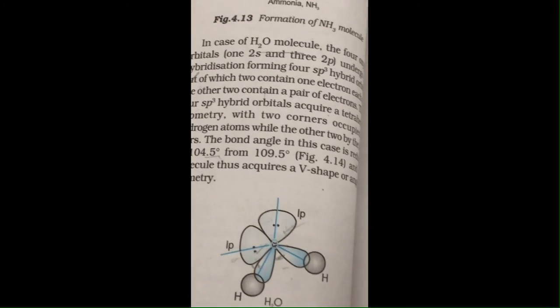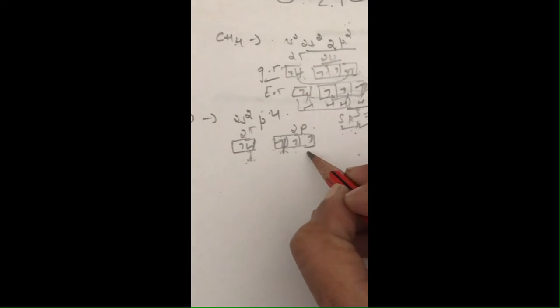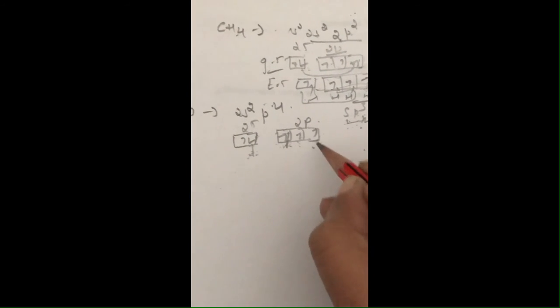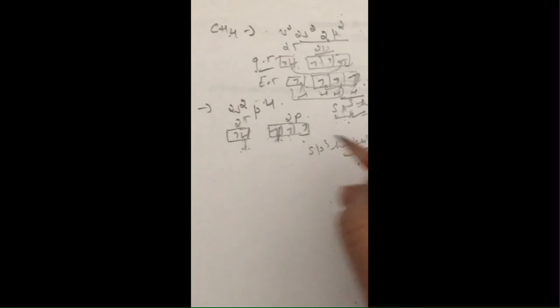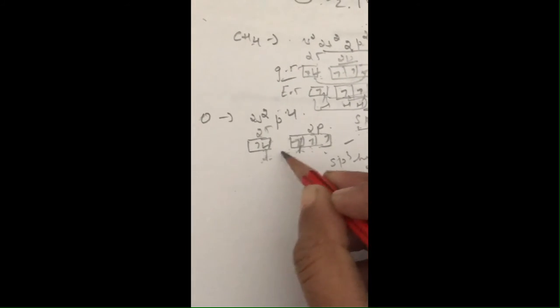And the rest of the two hybrid orbitals will result in the formation of sp3 hybrid orbitals having single bonds. Clear?